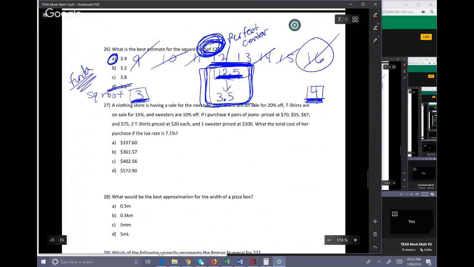How do I know it's not the other two? 3.8 is halfway between this middle point and this point over here, which is around 14. 3.2 is halfway over here, which is around 10. If we were approximating 10, we'd answer somewhere around 3.2. If we were trying to approximate 14, we would do somewhere around 3.8.